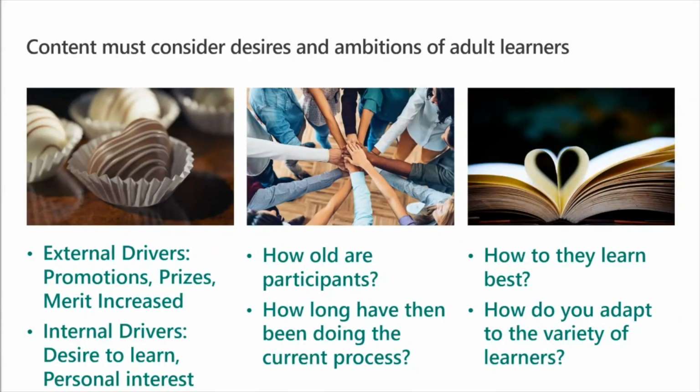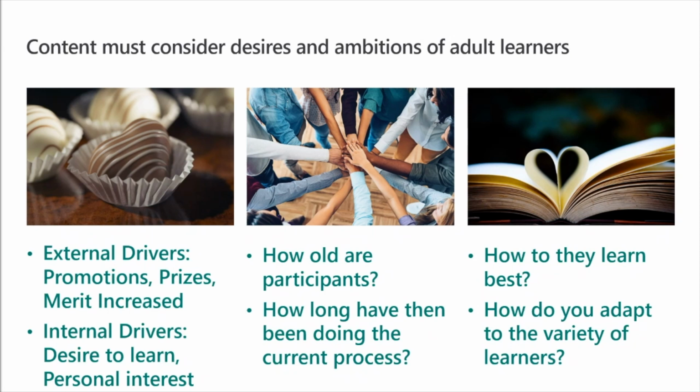So the next principle is really about the desires and ambitions of your adult learners. Those intrinsic personal desires and ambitions of an adult learner need to be considered when planning and delivering your adult learning programs.